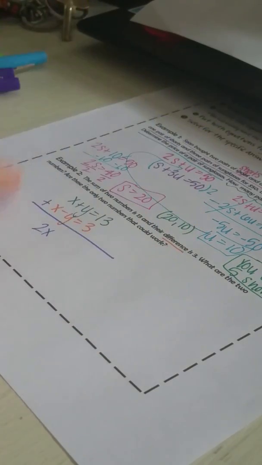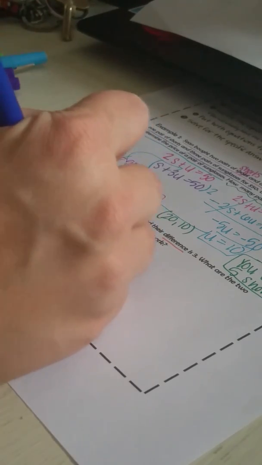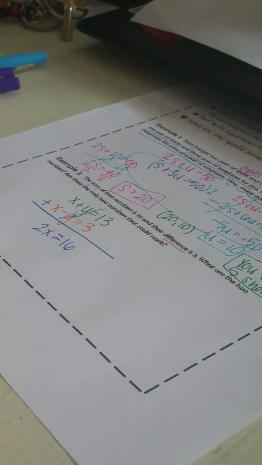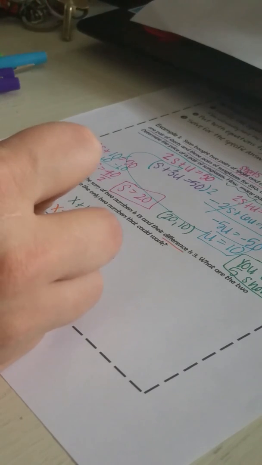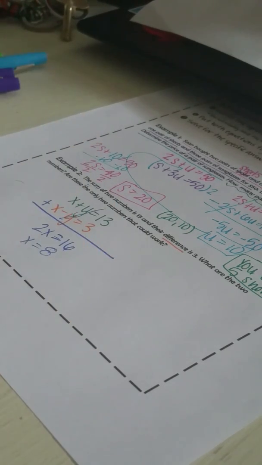So x plus x gives me 2x. Y plus a negative y cancels. And 13 plus 3 gives me 16. Then I would divide by 2, and my x value would be 8.